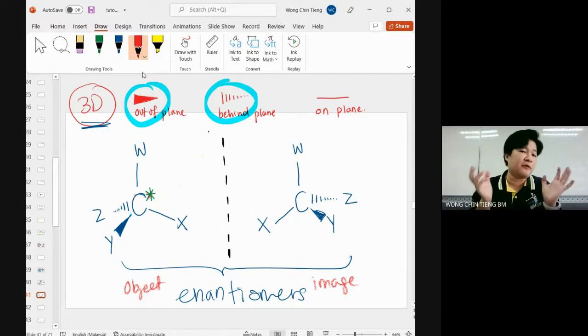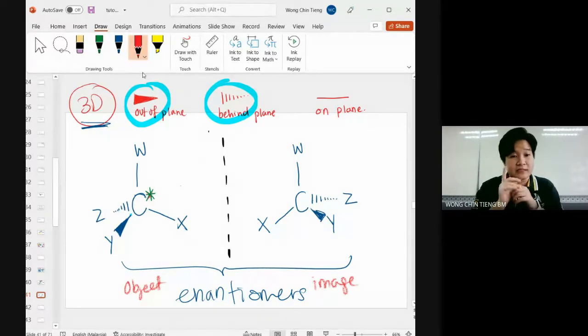Alright? That is what we mean by non-superimposable mirror images. Sebab dia mesti akan bertindan. Atas mesti akan tindan. They will be partially redundant. But it won't be 100%. That is what we mean by non-superimposable. Okay? Makes sense? Happy with that?